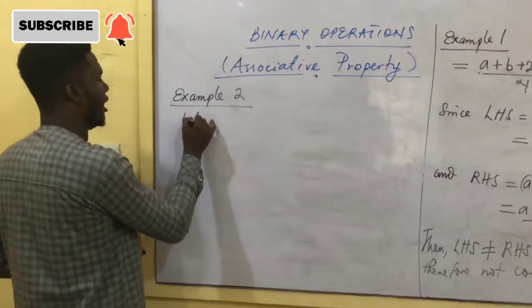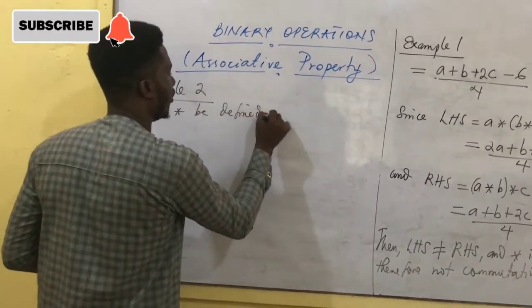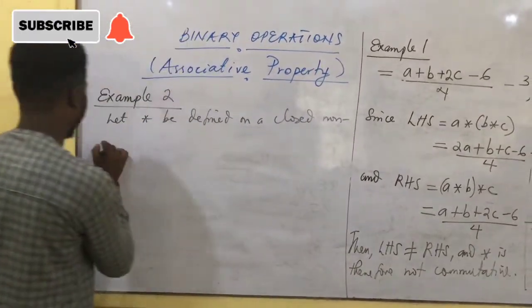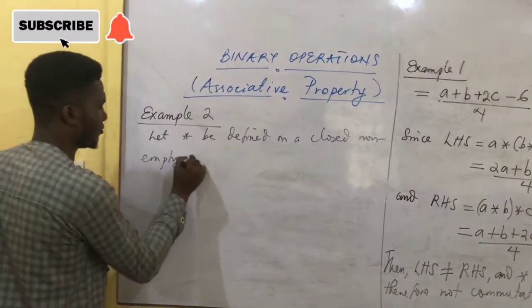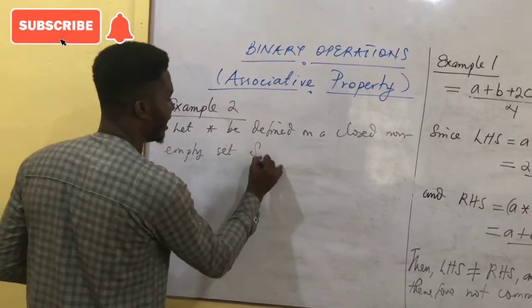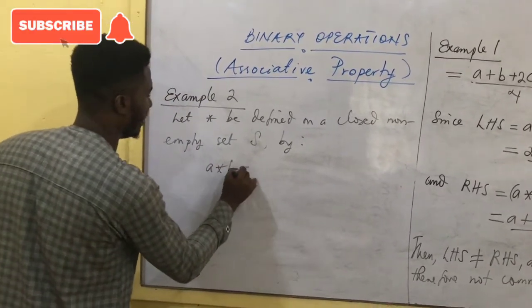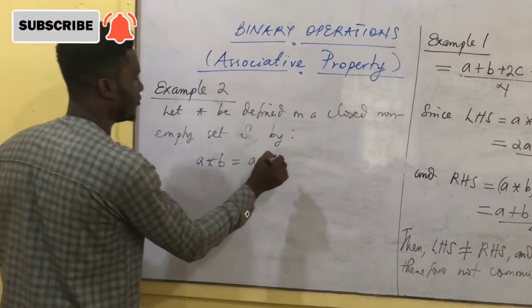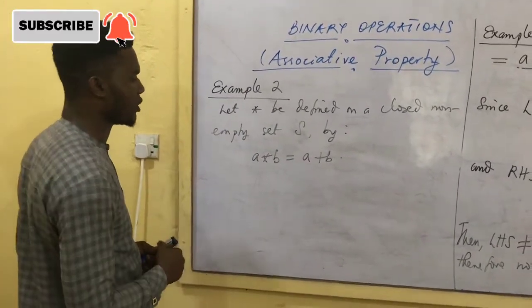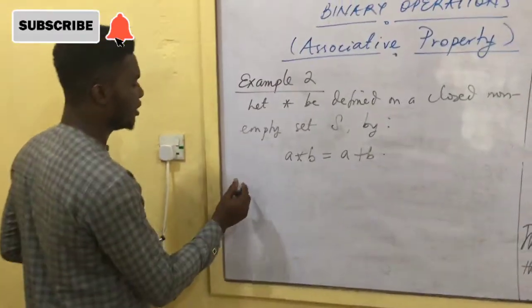Let asterisk be defined on a closed non-empty set S by A asterisk B equals A plus B. Okay? So let us define asterisk to be this. A asterisk B means A plus B.